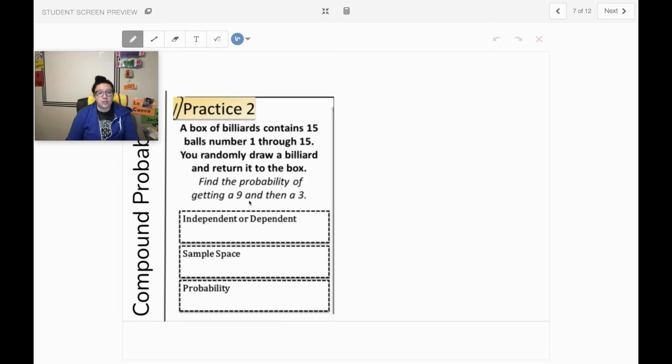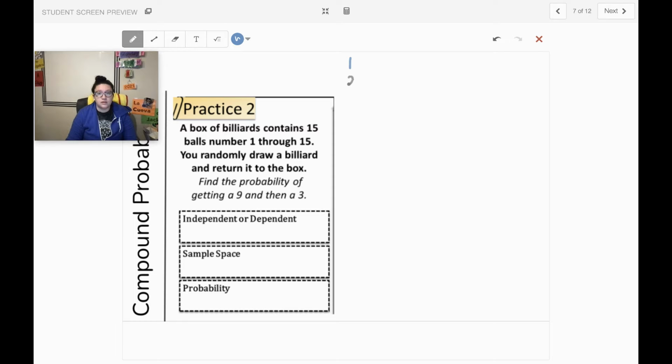We want to find the probability of getting a 9 and then getting a 3. So remember, there's 2 different ways that we can do this. First, let's do the sample space way. If I'm picking out balls, we said that we have numbers 1 through 15.